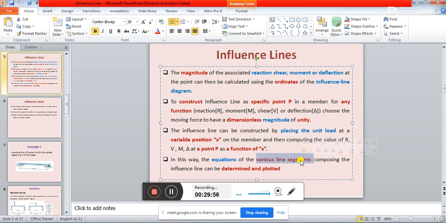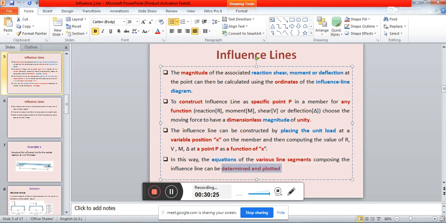However, when you take more complex problems, or problems of shear force and bending moments, you will observe that the equations for the straight lines will change. So you will get various line segments composing the influence line, which can be determined and plotted.